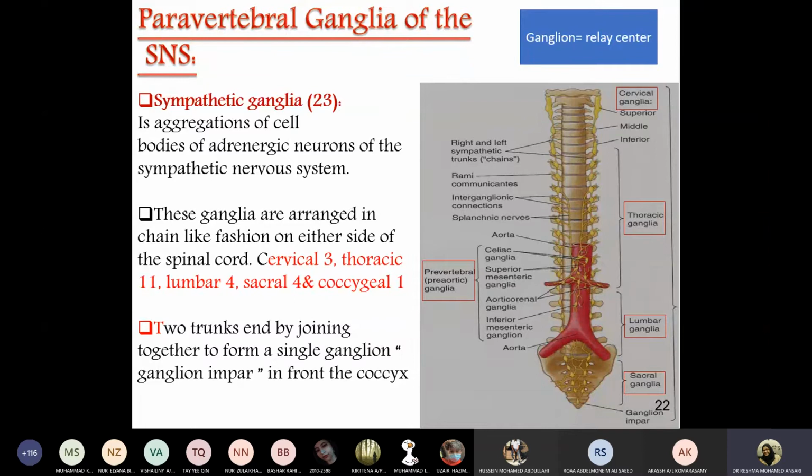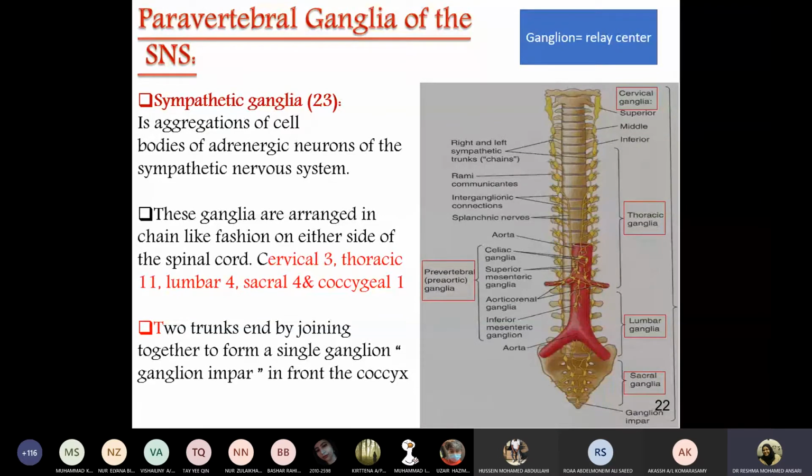Again, I mentioned to you, you only have cell bodies in the brain and spinal cord. They are non-myelinated and appear gray in color. If you have a collection of cell bodies outside the central nervous system for the purpose of relaying neuronal information, we call it a ganglion.